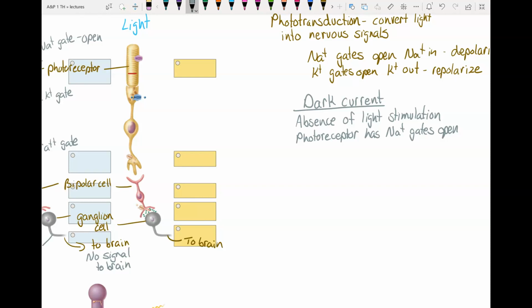So this means that the photoreceptor secretes inhibitory neurotransmitter. And this inhibitory neurotransmitter is what prevents action potentials in the cells that stimulate the brain.